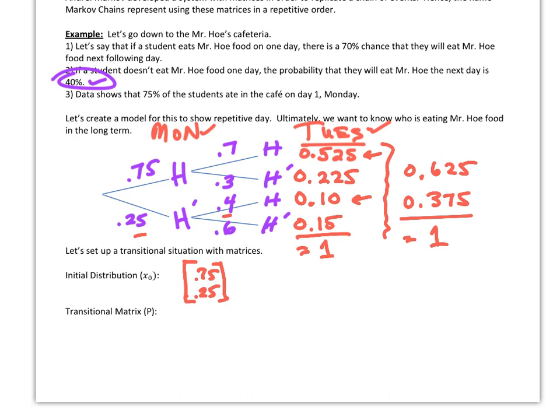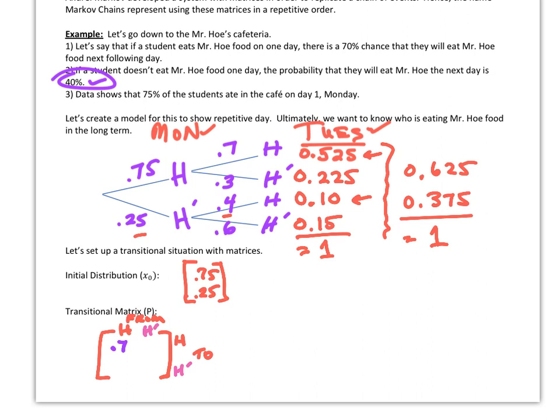Then my transitional matrix. Well, how we set this up, if I'm going in columns instead of rows, I'm going to go from, and I'm going to go to. So this is Mr. Ho, and then I'm going to go over here to not Mr. Ho. So from Mr. Ho to Mr. Ho is going to give us a value of 0.7.